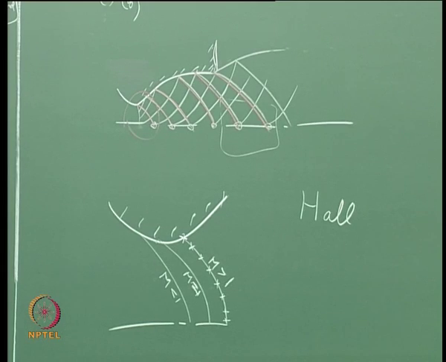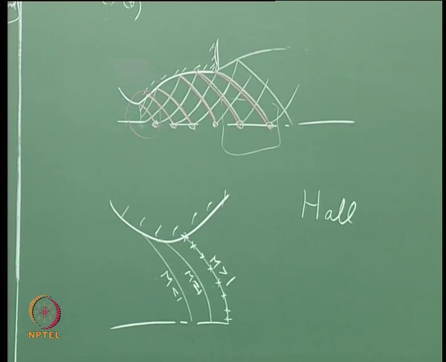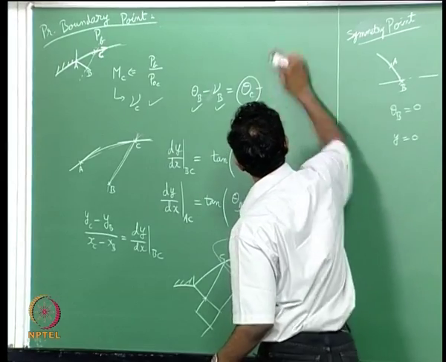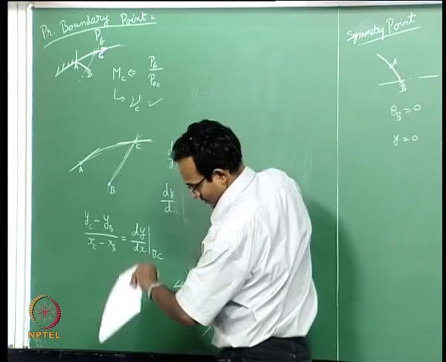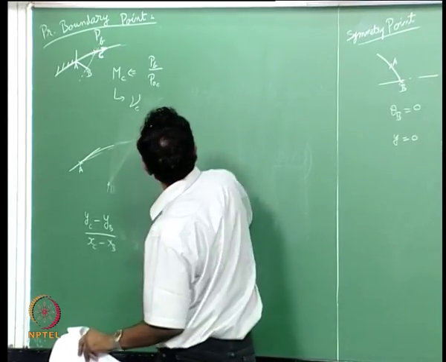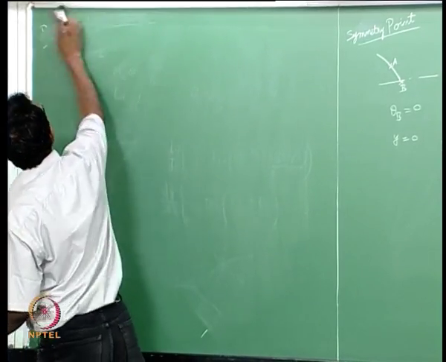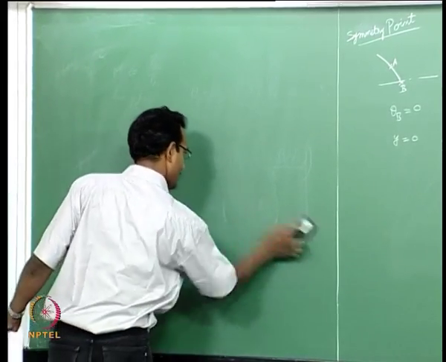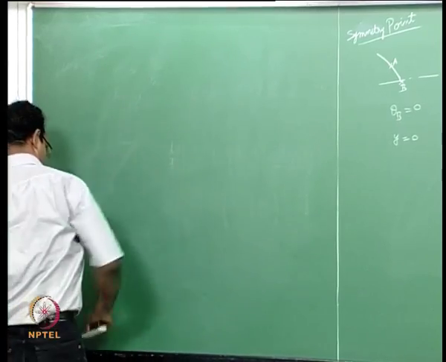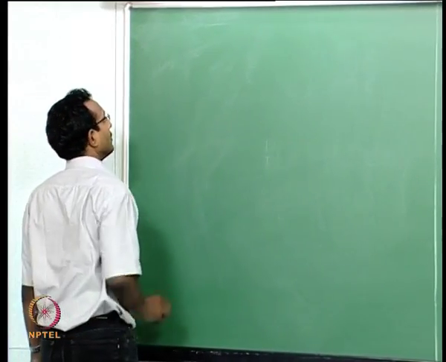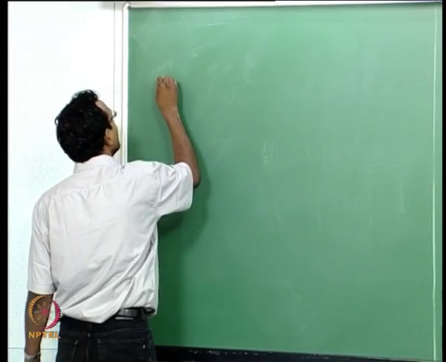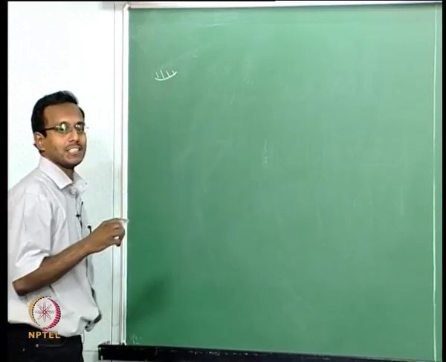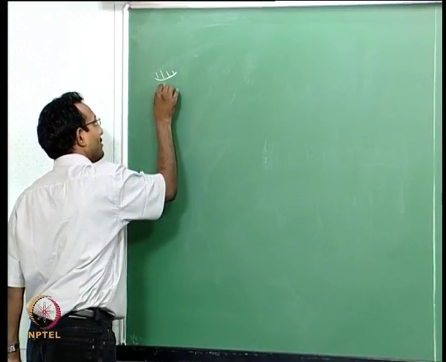So, now let us go and discuss how to create a nozzle. Let us say somehow the initial points after the throat are given to you.